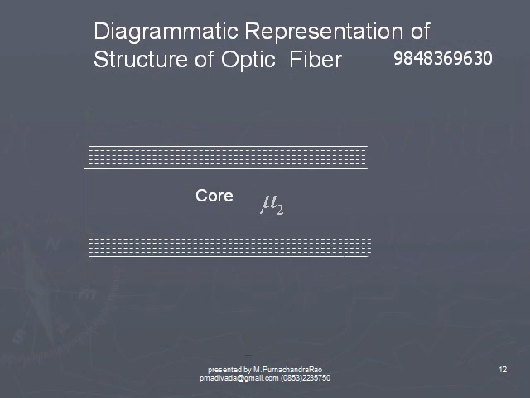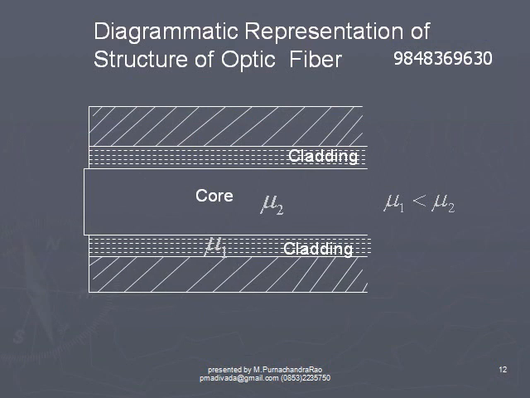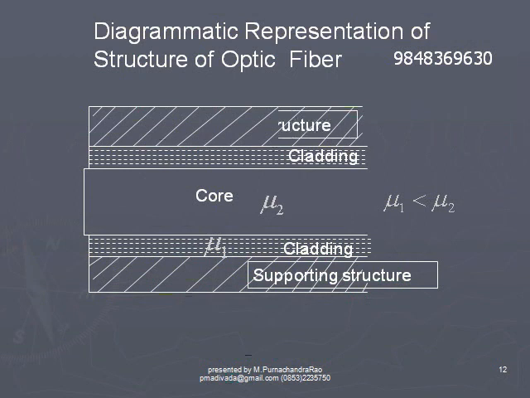The core, having a greater refractive index mu2, is surrounded by a medium of refractive index mu1, which is slightly less than mu2.